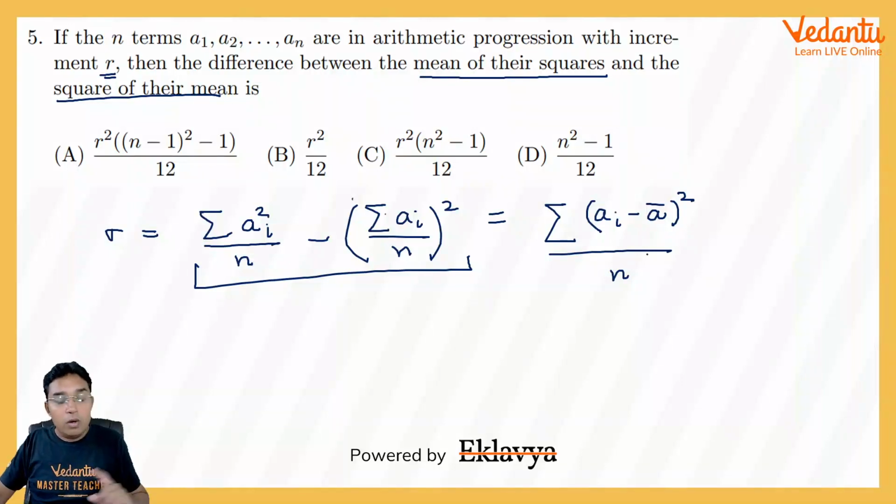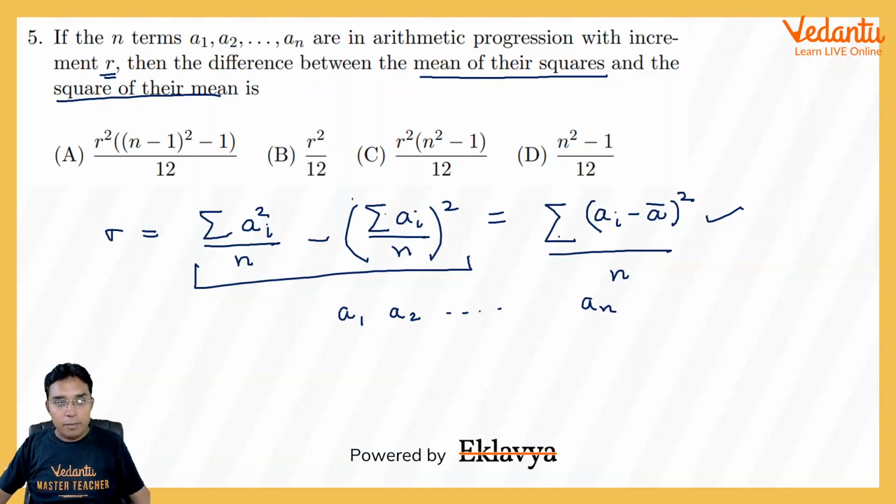Now, because of this, there is one very important property: if you decrease or increase your data by the same number, your variance doesn't change. So if I am looking for the variance of A1, A2 and so on up to AN, and I reduce every data by the same number, my variance will not change.